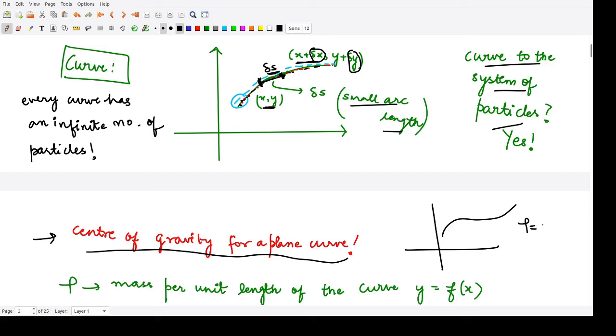Rho is the mass per unit length. If you wanted to calculate the mass in this particular region of the curve, it would be nothing but rho multiplied by whatever length it has, say dx. That is the mass associated with this particular portion of the curve.